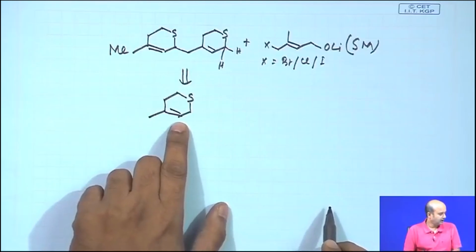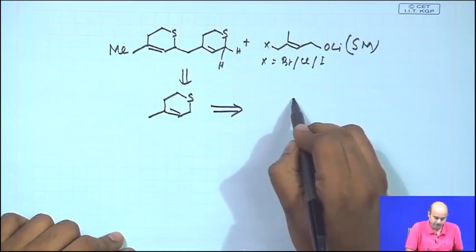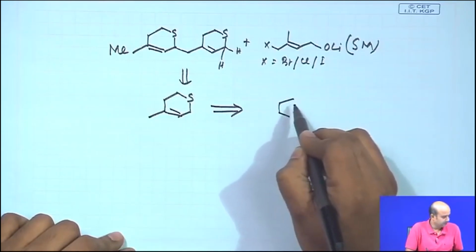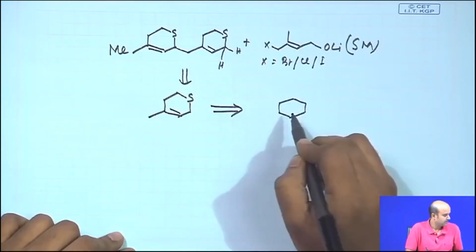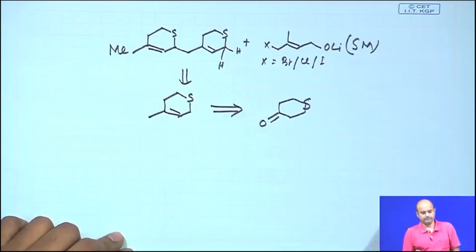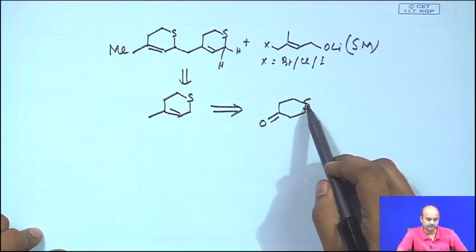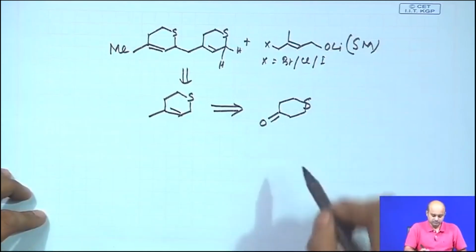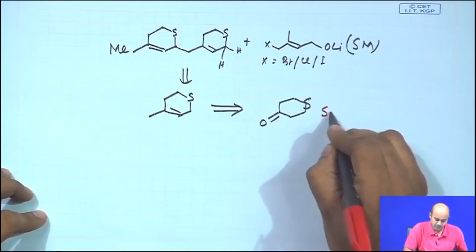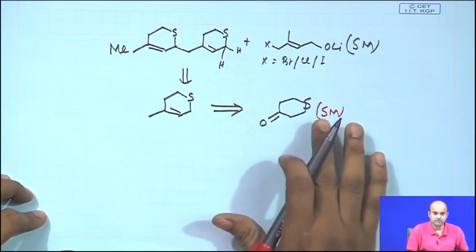We will explain how, and this initial starting material was basically prepared from a compound like this, a cyclohexanone analog, where the 4 position CH2 has been replaced by a sulfur group. So, this is the starting material which we will use as a commercially available cheap starting material. Now, we have to formulate how you can do it.